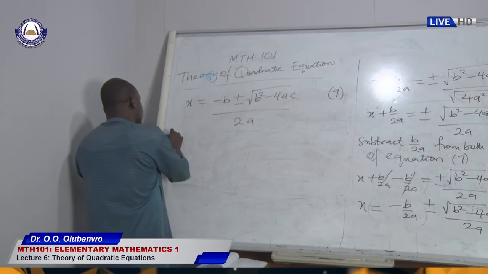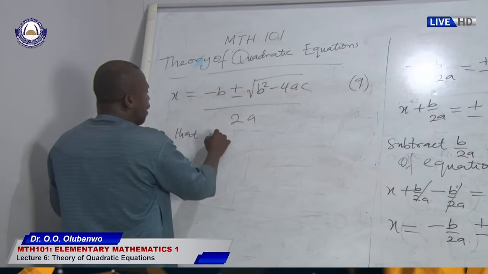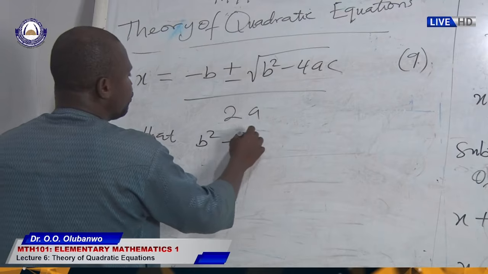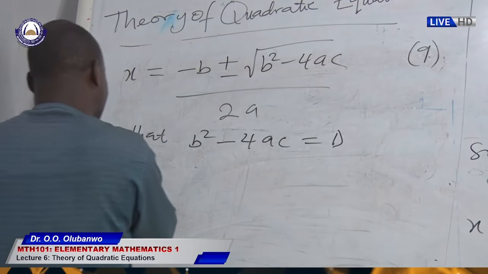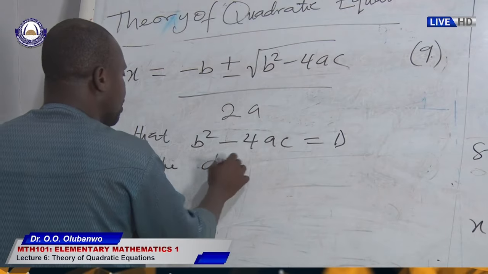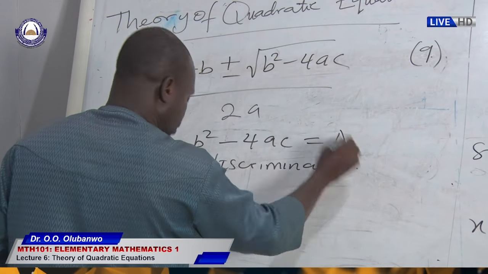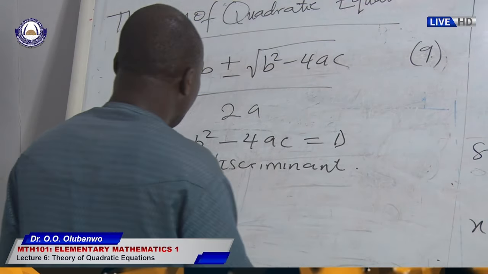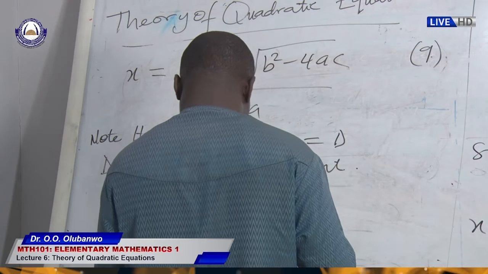Note that our b squared minus 4ac is equal to d, which is our discriminant. Our d is the discriminant.